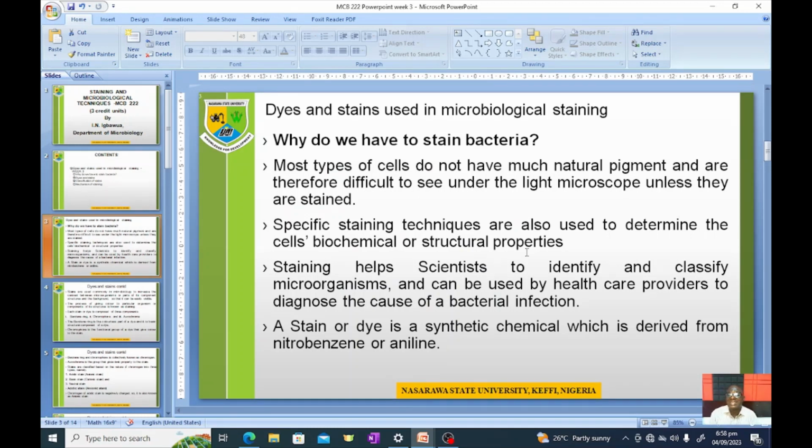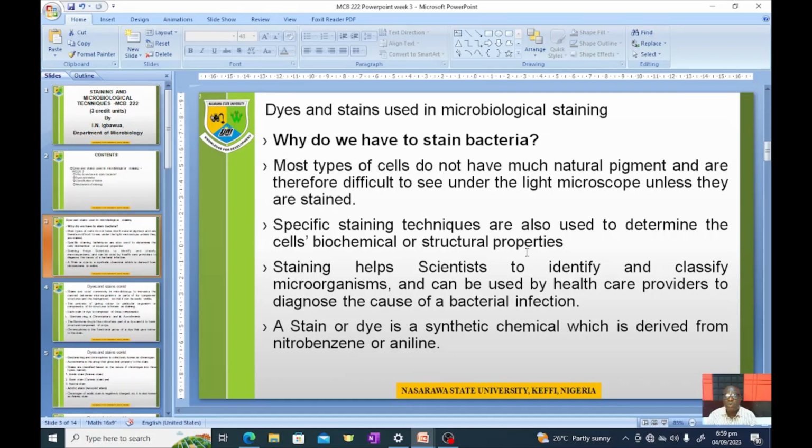Dyes and stains, as earlier said, are used in microbiological staining. Why do we stain? Most types of cells do not have enough natural pigment and are therefore difficult to be seen under the light microscope unless and until they are stained.